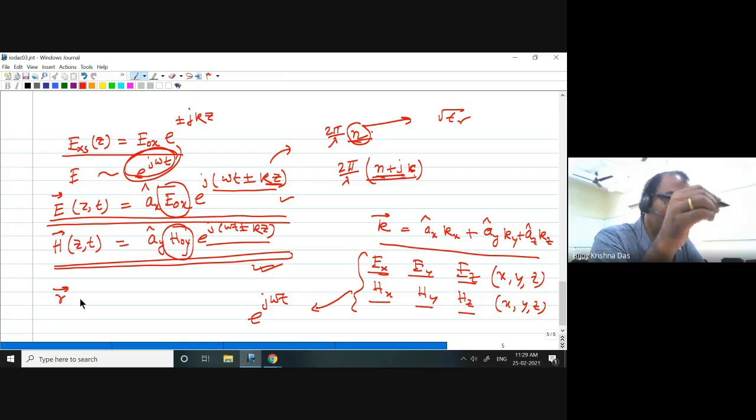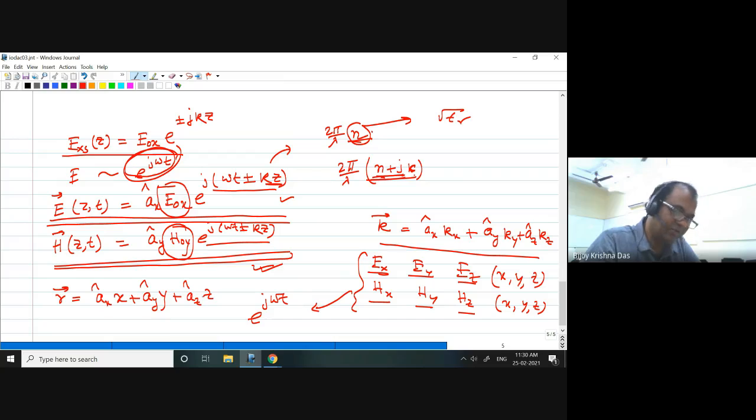R can be in a spherical coordinate system or whatever coordinate system you are using, but you can decompose it into ax x plus ay y plus az z. The x, y, z coordinates you can represent with a position vector r, in vector form, because I have to deal with all the vector components.